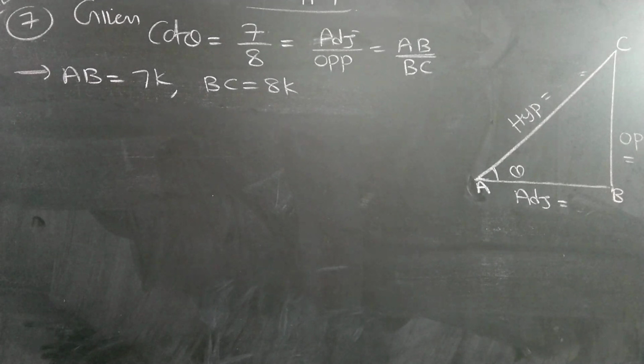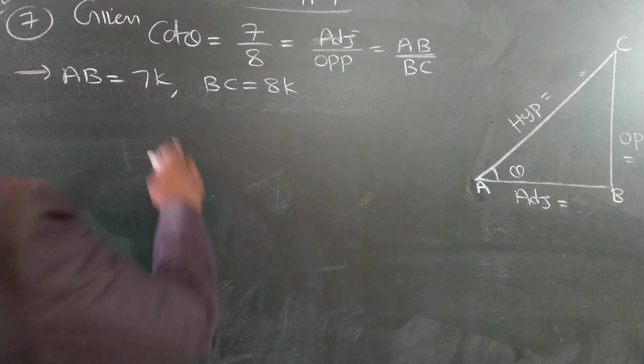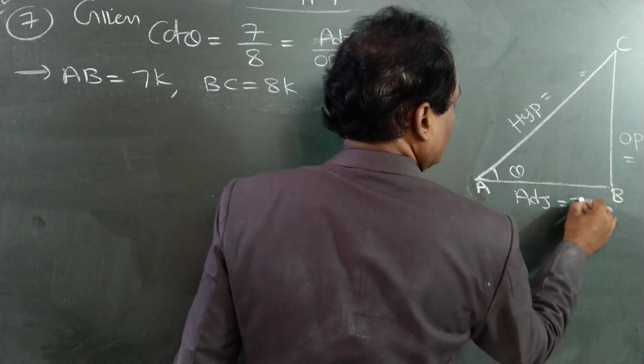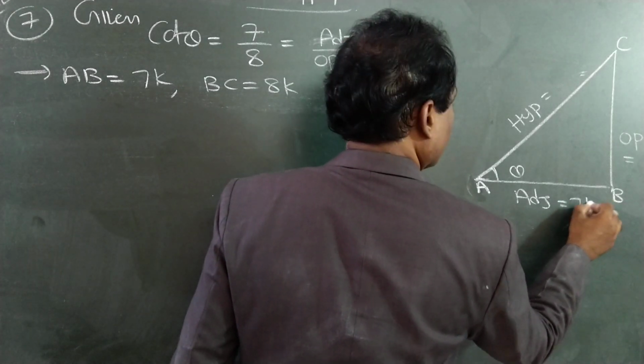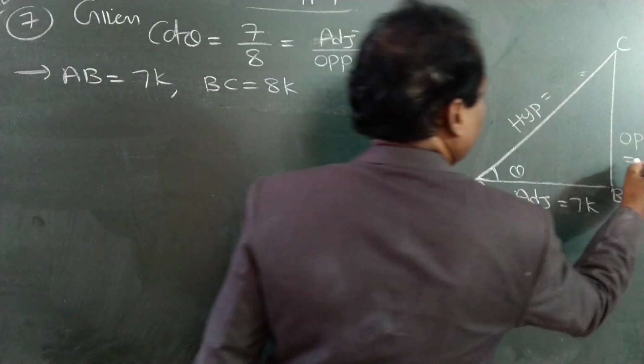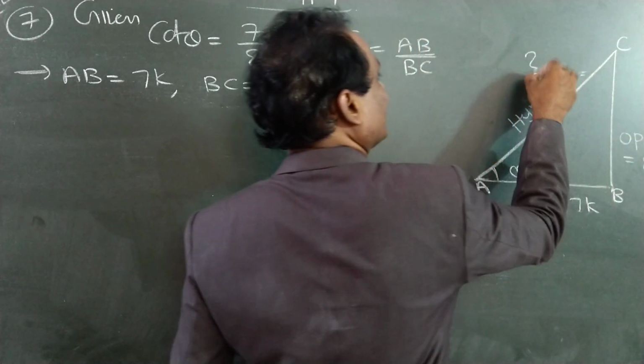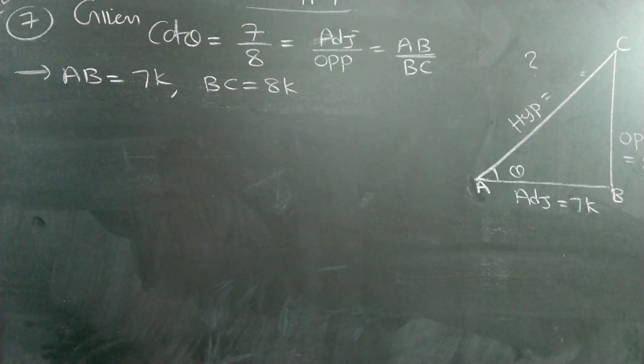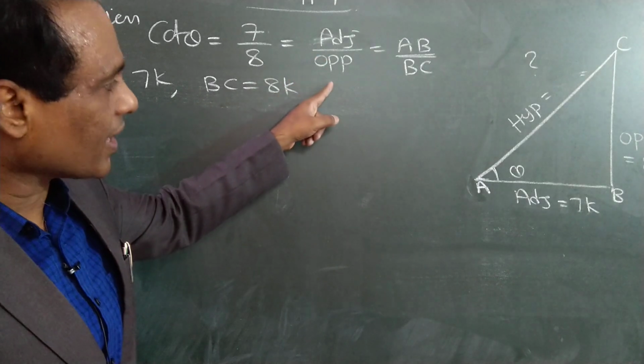Draw the diagram. We got this as 7k and this as 8k. We have to find this third side by using the Pythagoras theorem. Cot definition is adjacent by opposite.